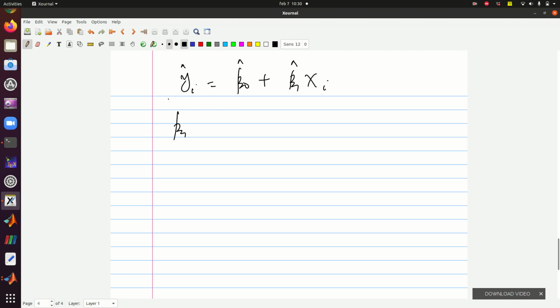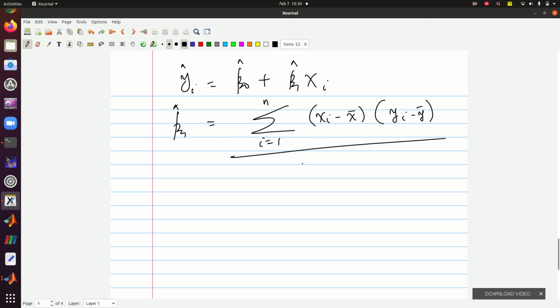First, our beta 1. It is the summation from i equals 1 up to n of xi minus x bar times yi minus y bar, divided by the summation from i equals 1 up to n of xi minus x bar squared.